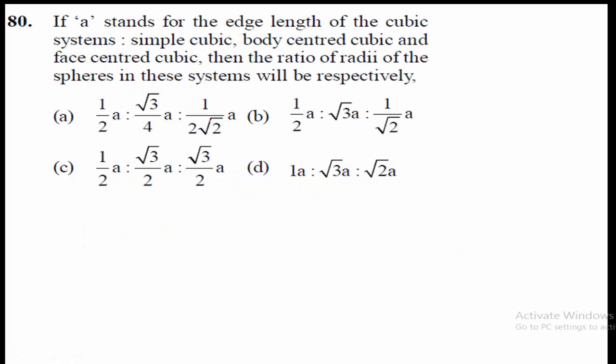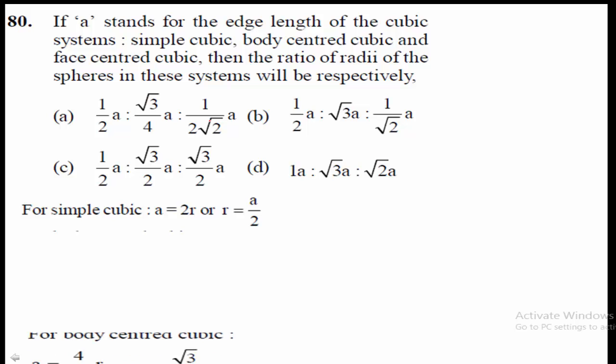80. If a stands for the edge length of the cubic systems, simple cubic, body centered cubic and face centered cubic, then the ratio of radii of the spheres in these systems will be, respectively. As you already know, the relationship between the edge length and the radius. So consider for simple cubic, the relation is given by a is equal to 2r or r is equal to a by 2.